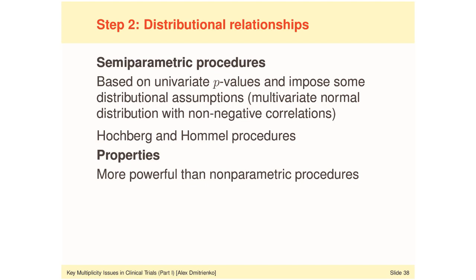For example, a multivariate normal distribution for the test statistics may be assumed, but the correlation coefficients may be unknown. The Hochberg and Hommel procedures are the most widely used, most popular semiparametric procedures in clinical trial applications. These procedures are more powerful than nonparametric procedures such as the Holm procedure.